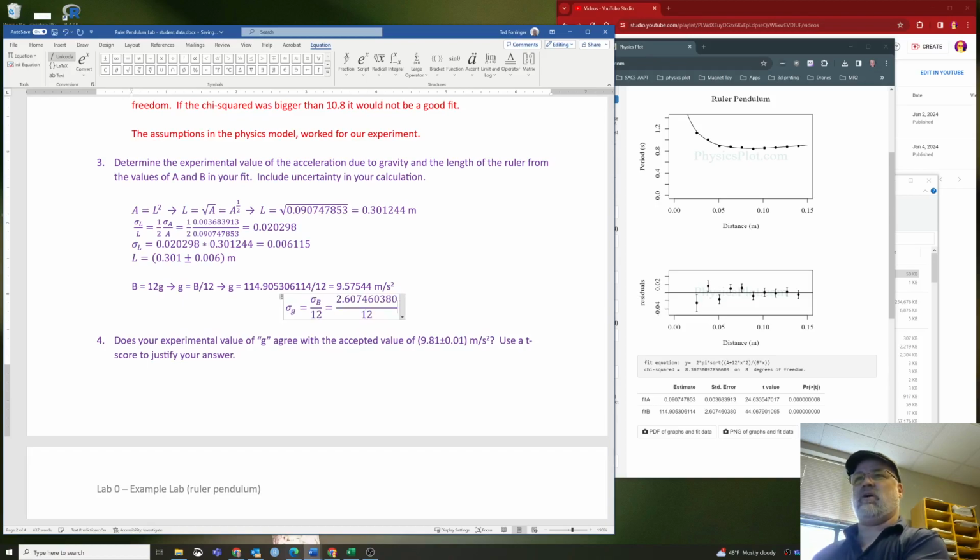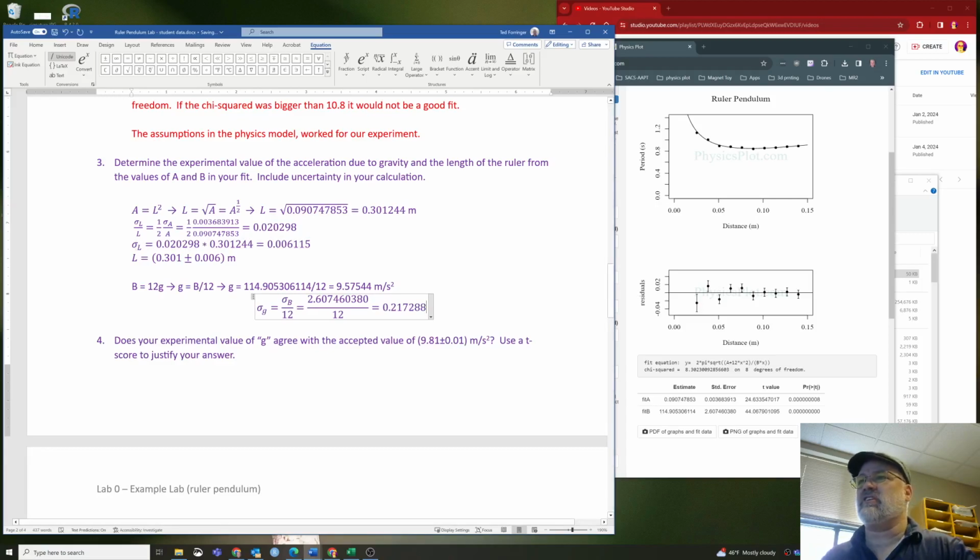2.607460380 divided by 12, which is equal to 0.217288.